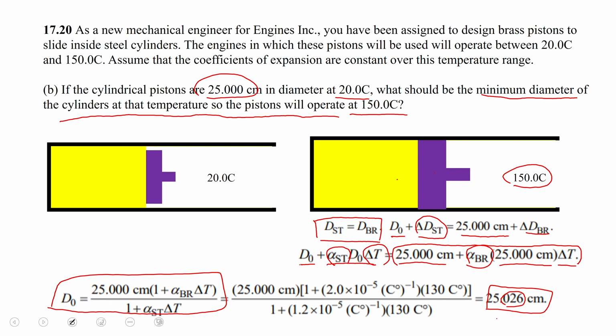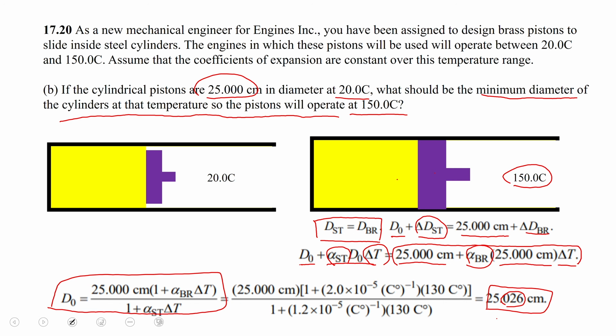And we find that not all materials can fit over a long range of temperature. So this is an example to show you if you have many materials working together, they may work for one temperature, but not for another temperature. So you have to be careful when you do any design.